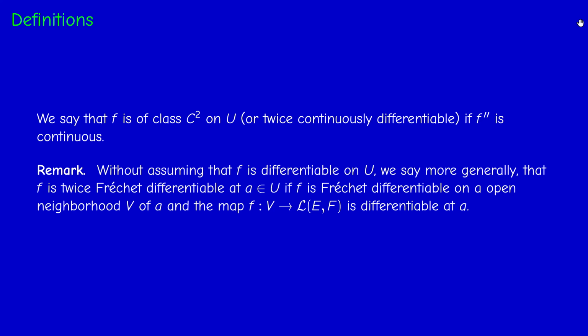So if F is not differentiable on U, but only differentiable on a smaller neighborhood, you can restrict F to the smaller neighborhood and study F and its successive derivatives inside the smaller neighborhood.